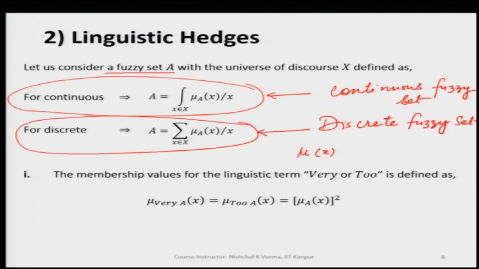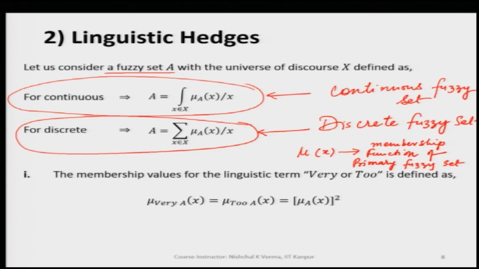Here, mu x is nothing but the membership function of the primary fuzzy value. When we say primary fuzzy set, it means it is the primary term.